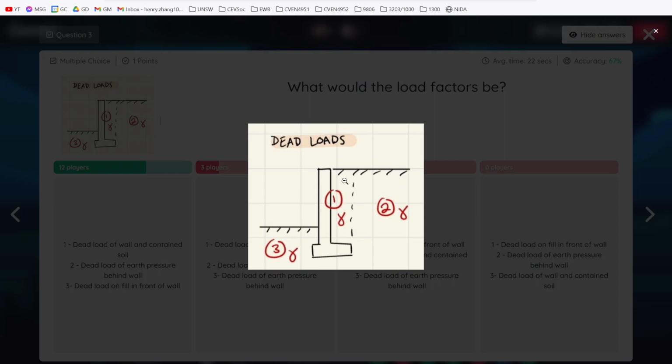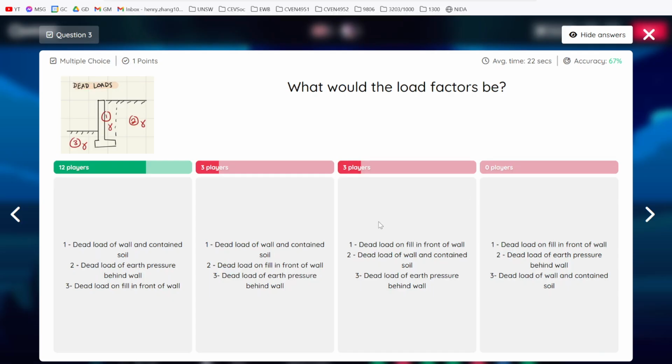So if it is a cantilever wall, it's only this region here, which is going to be for region 1. Okay, that's it. That's the contained soil. That's just what it's called, right? And then number 2 is the lateral earth pressure behind the wall.